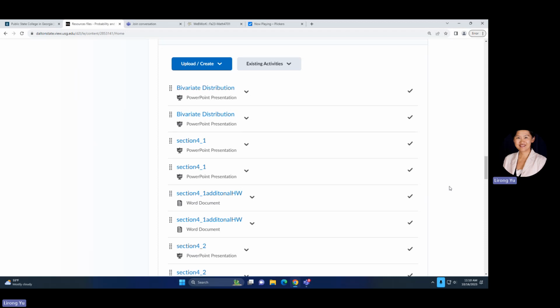Normally, we kind of group them together into a separate version of the continuous distribution, and that's slightly more complicated. But let's start with 4.1. I actually have two separate files. This is a bivariate distribution, which can involve 4.1, 4.2, 4.3, and 4.4.